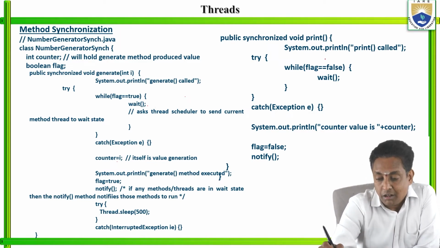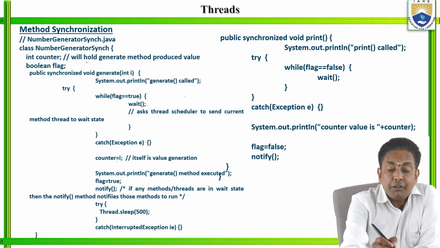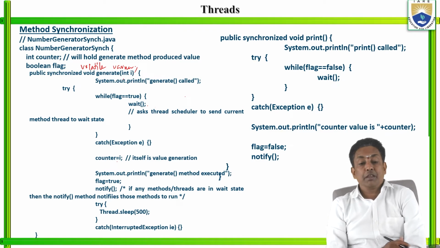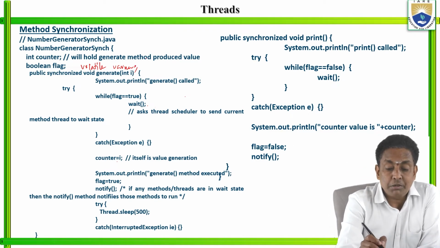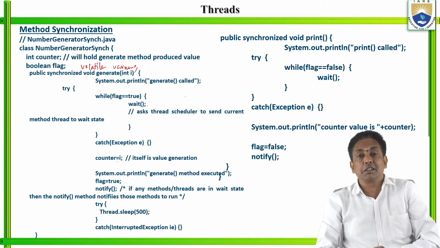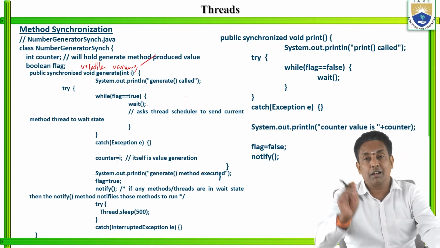During such method synchronization or object synchronization, if any variable in the class is declared as volatile, such volatile variables used in these method synchronizations or object synchronizations are not synchronized because they are declared as volatile.